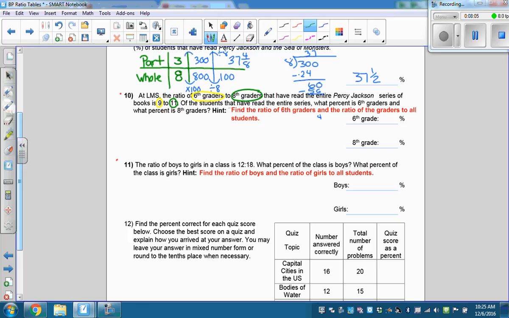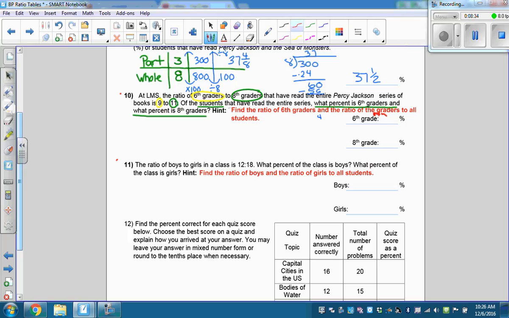Of the students that have read the entire series, what percent is sixth graders and what percent is eighth graders? And the hint is find the ratio of sixth graders to all students and the ratio of eighth graders to all students.